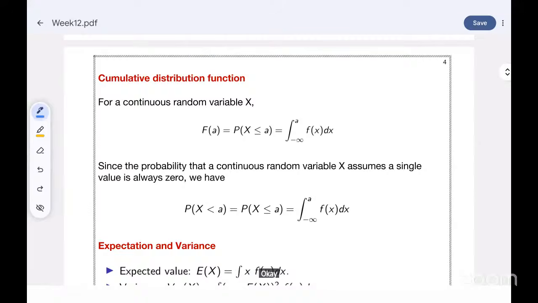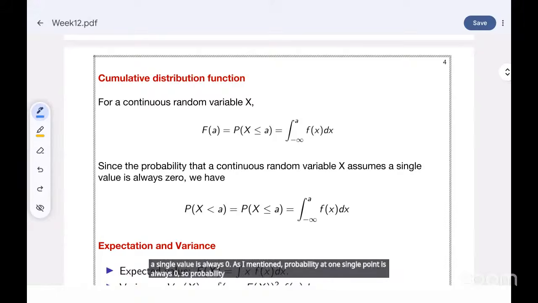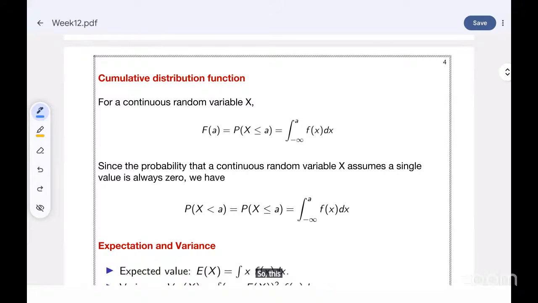Since the probability that a continuous random variable x assumes a single value is always 0, as I mentioned, probability at one single point is always 0, probability of x less than a is the same as probability of x less than or equal to a. So this is the integral from minus infinity to a of f of x dx. And how do you calculate the expectation and variance?